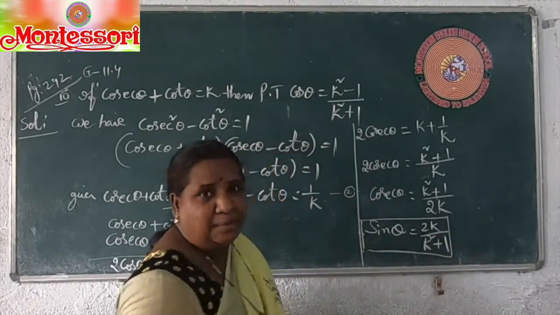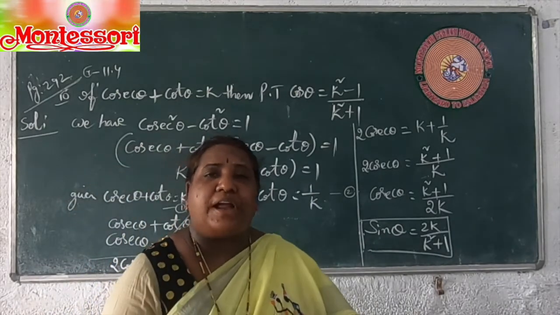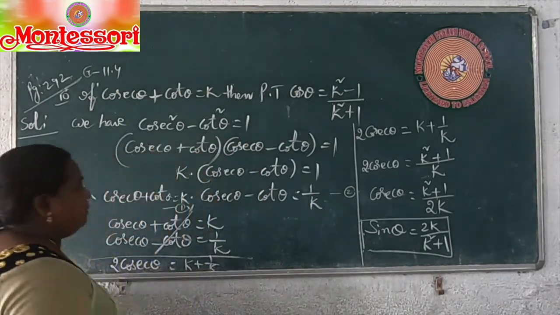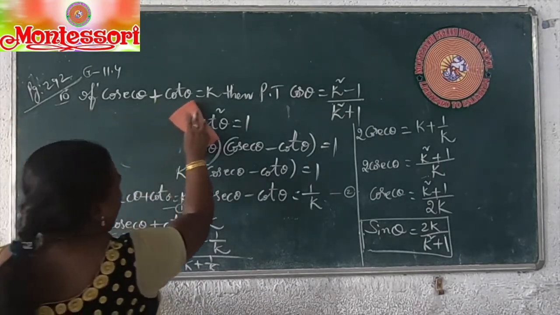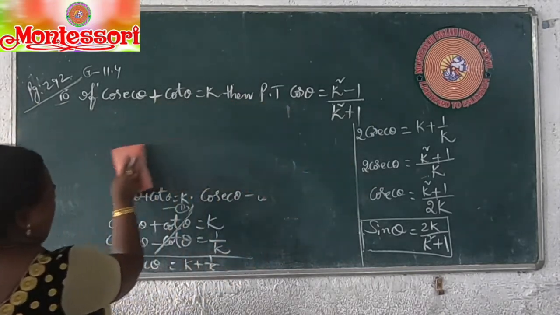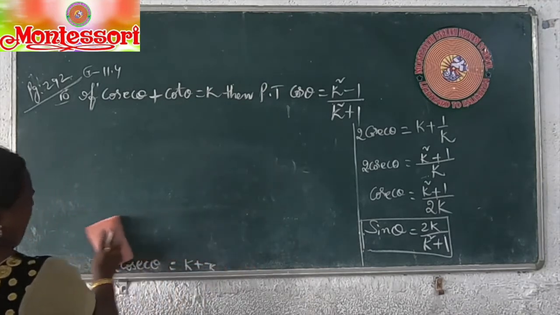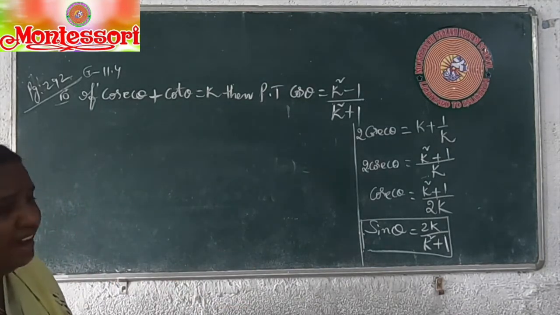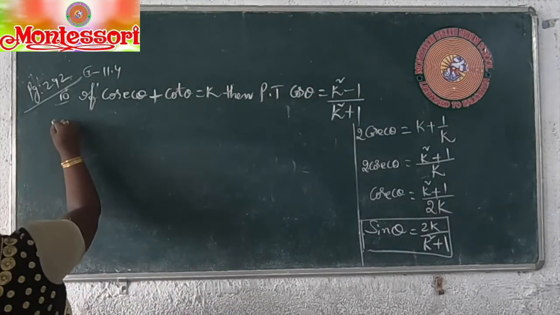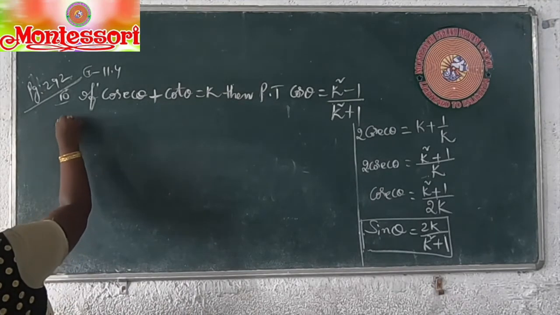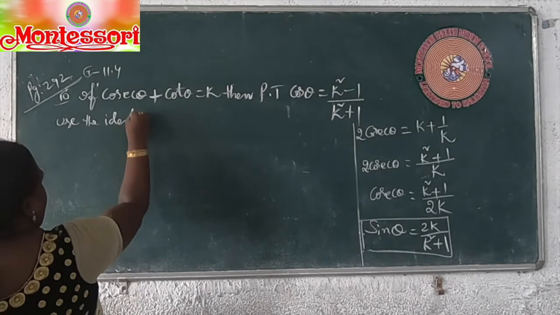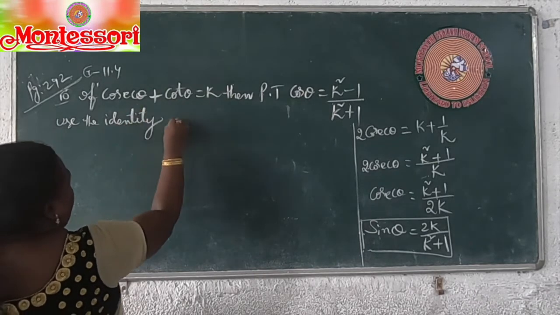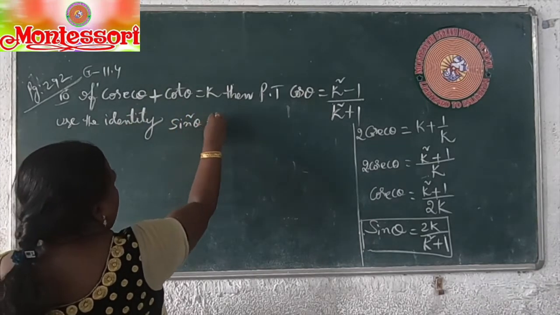But the sum is not completed. So we have to find cos theta. For that purpose I am applying another identity. Use the identity sin square theta plus cos square theta is equal to 1.